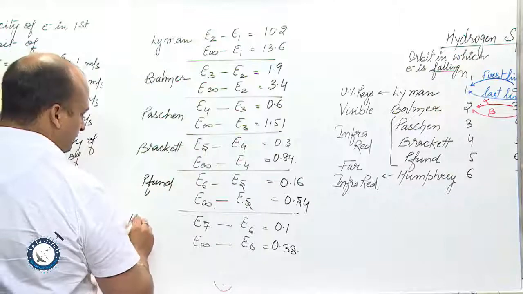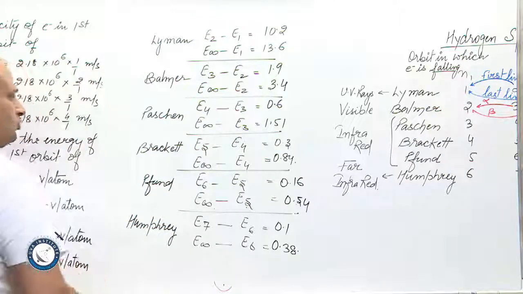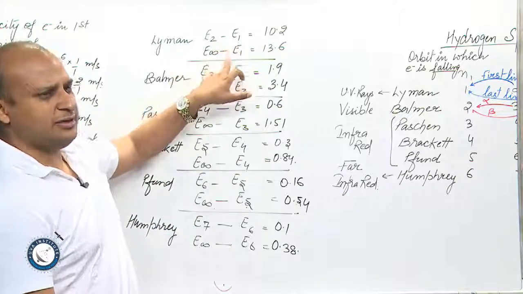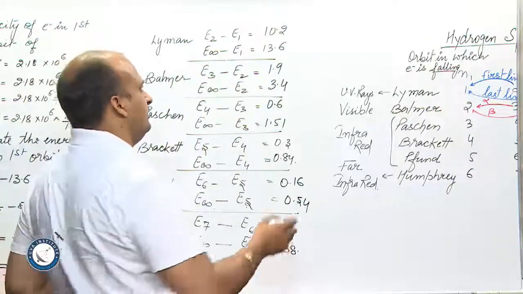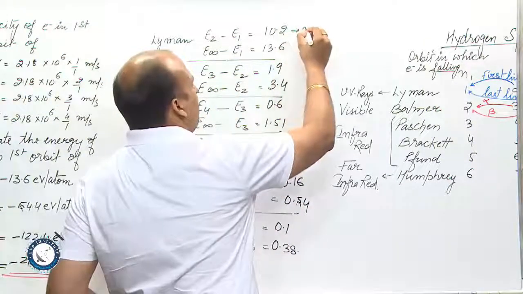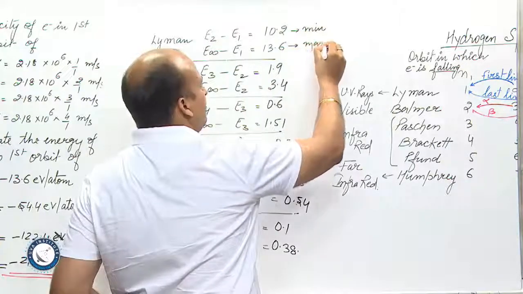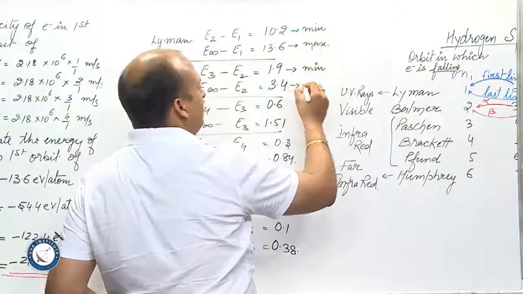This is the Humphrey series. So what have we got over here? The energy of the first line, last line. Now dear friends, see, this is the minimum value of energy emitted, this is the maximum value. This is the minimum value of energy emitted, this is the maximum value.